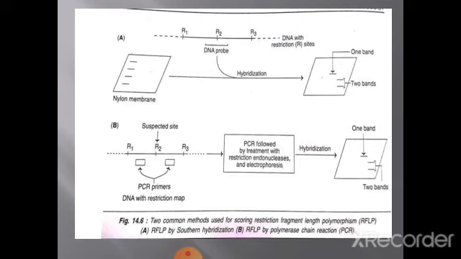If the restriction site is absent, you will get one band as you are seeing in the diagram or the autoradiogram. Whatever you get as the outcome of autoradiography is an autoradiogram. And if the site is present, you will get two bands. This is how RFLP is done through Southern hybridization.